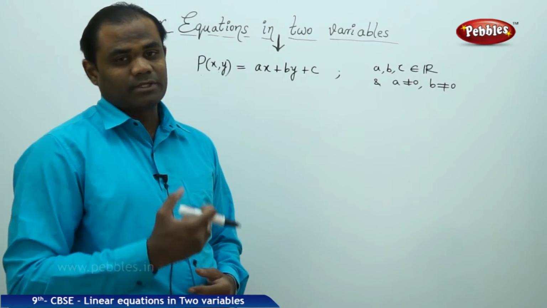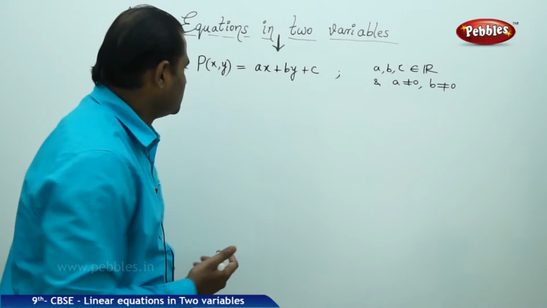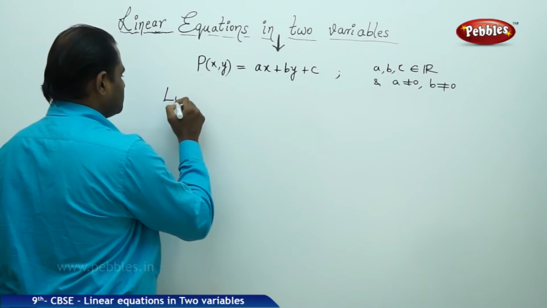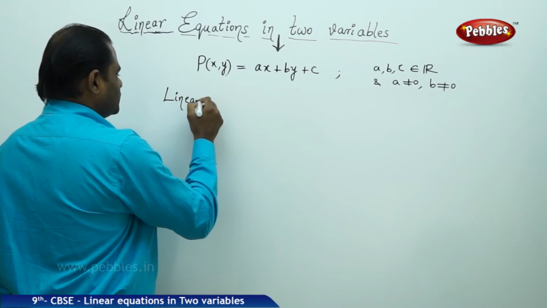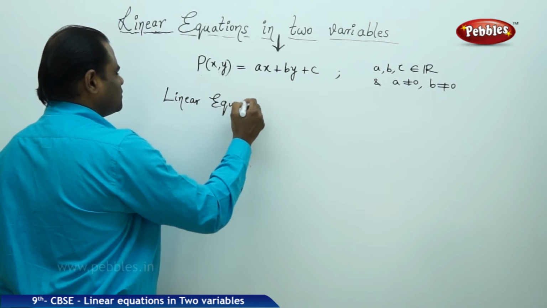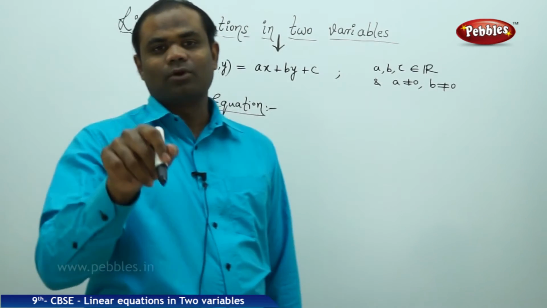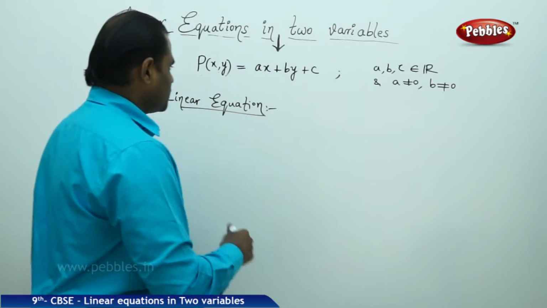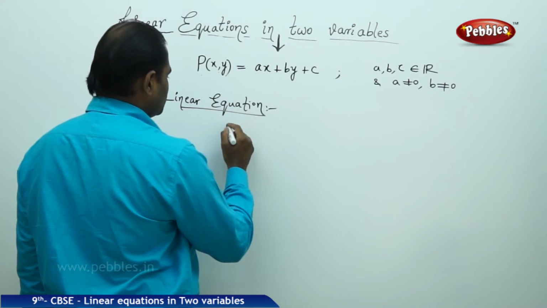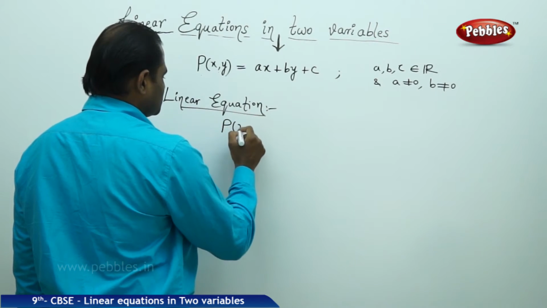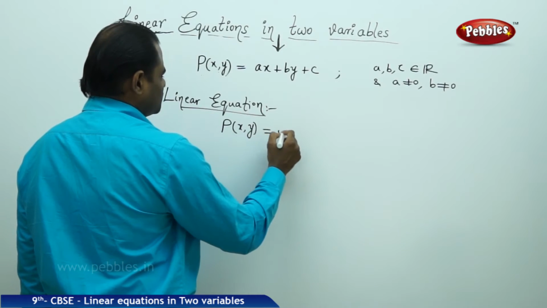That is the biggest question. The linear equation is obtained when I equate the given polynomial to 0. So when I want to convert this into an equation, I just take it in the form equal to 0.